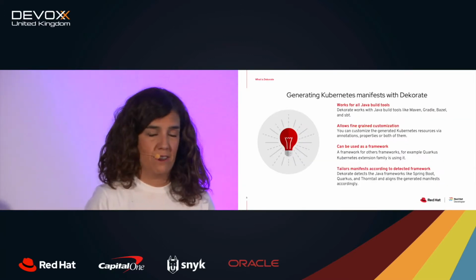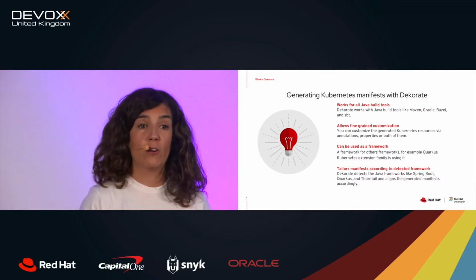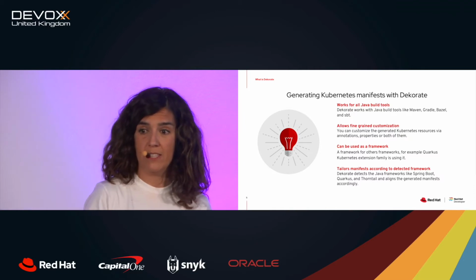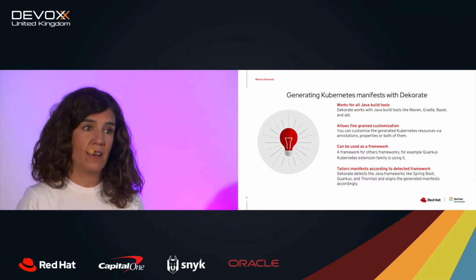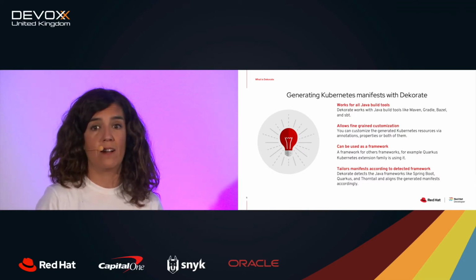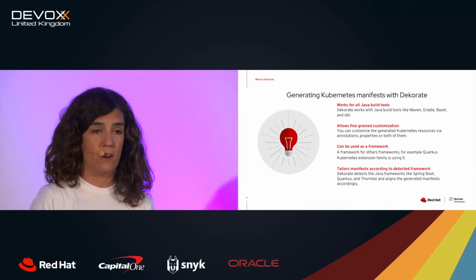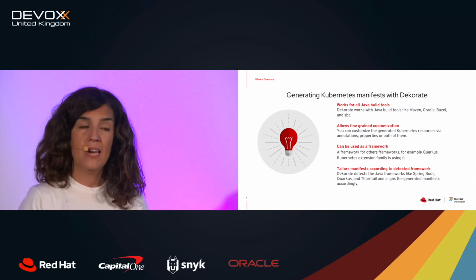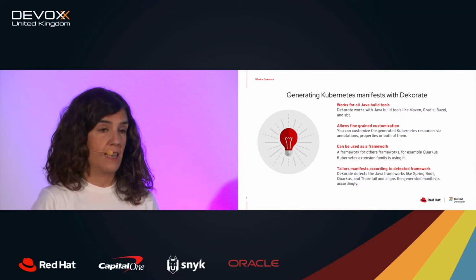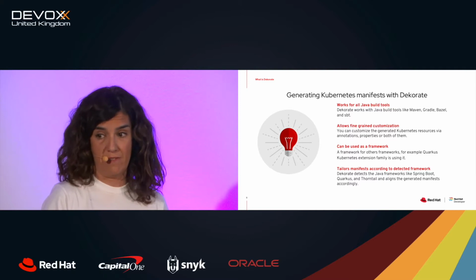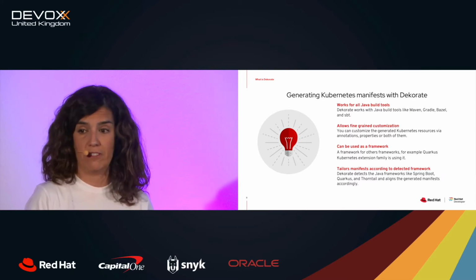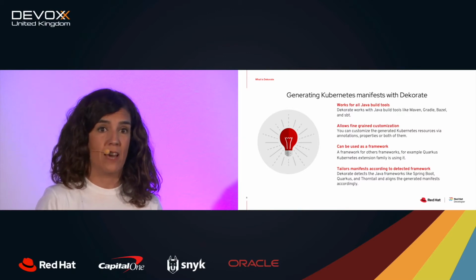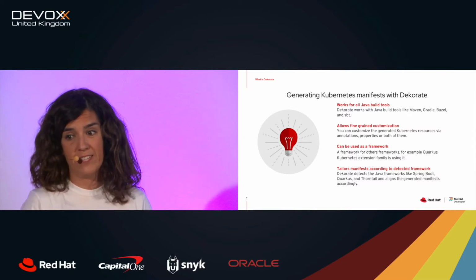What are the strengths of Dekorate? Dekorate works for all build tools and all JVM languages. It allows very fine-grained customization. You can customize manifests using annotations or file properties, and also both of them. It can be used as a standalone tool and as a framework. For example, it is the framework used by the Quarkus Kubernetes extension under the hood for generating manifests.